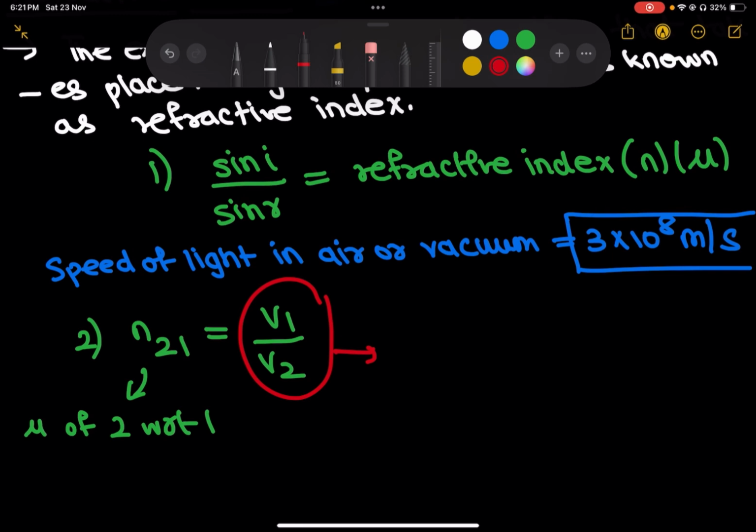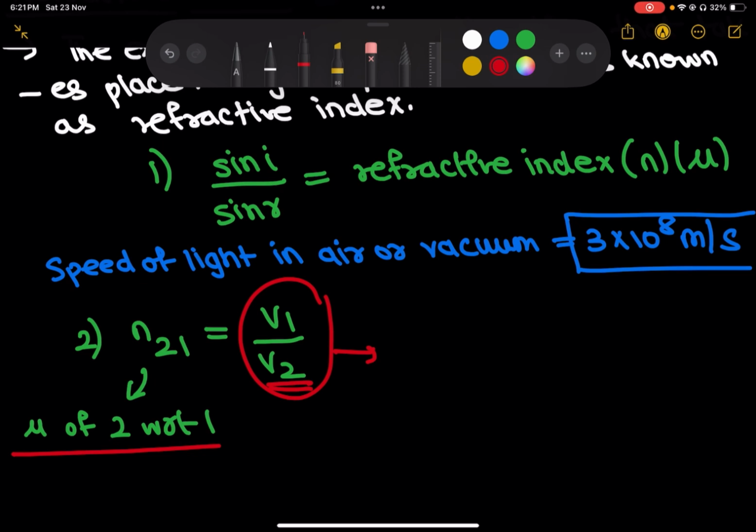So here the refractive index of 2 with respect to 1, so that means the velocity of 2 is at the denominator. So you have to remember this in your mind. Mu of 2 with respect to 1 is equal to v1 upon v2. Just invert it. Very simple to remember.